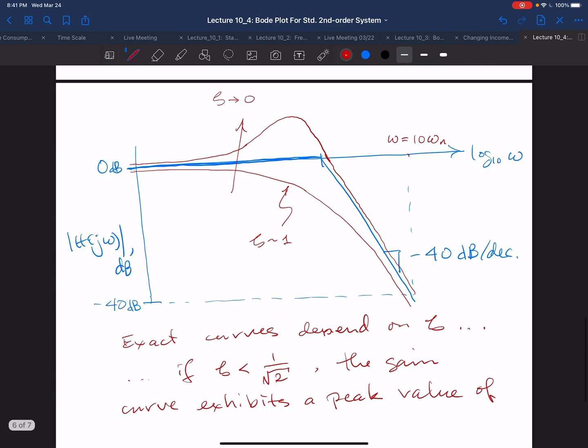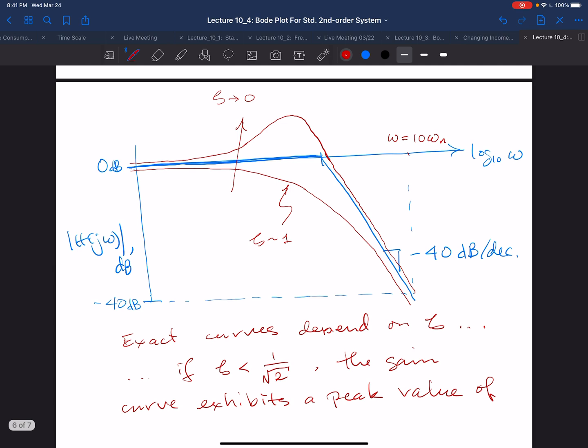So if you were tracing the exact frequency response, you would get some smooth curve, looking something like one of these, depending on the value of zeta. But we are simply going to use the piecewise linear approximations that we get from the asymptotes.